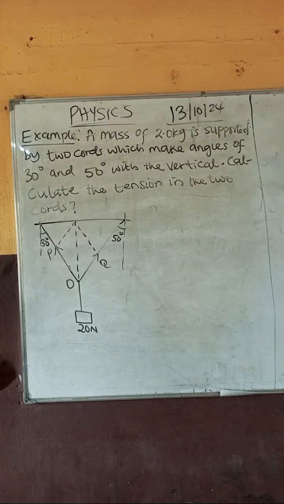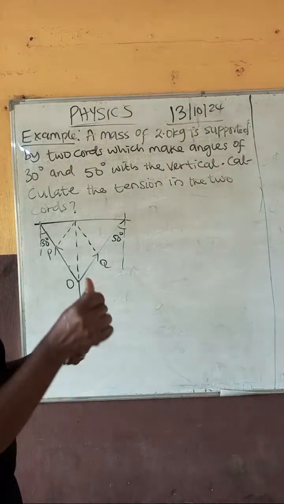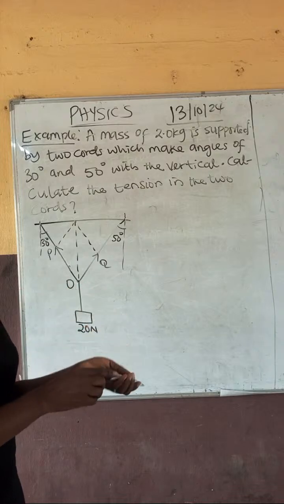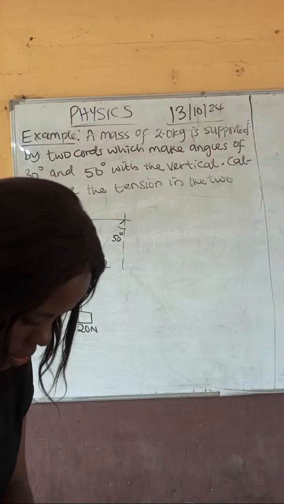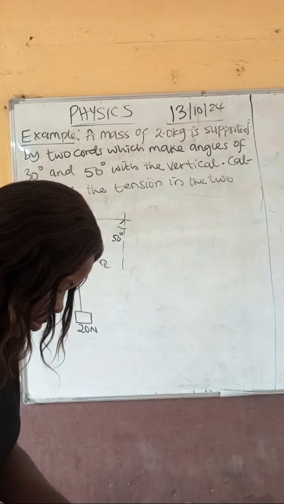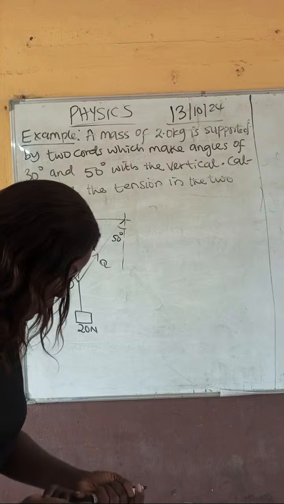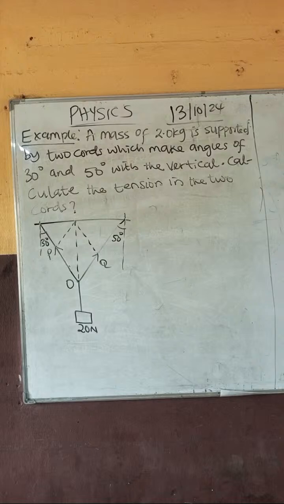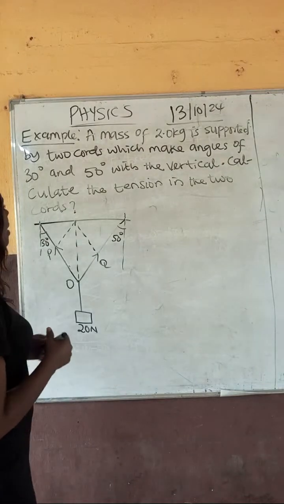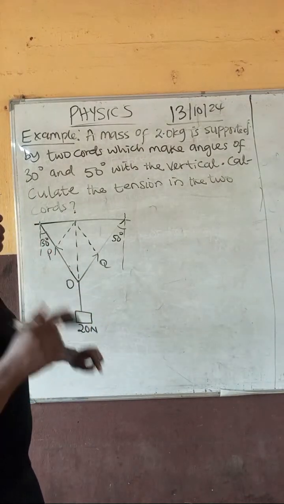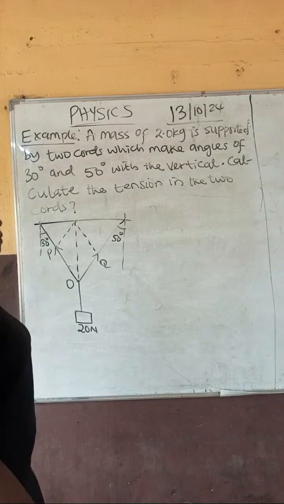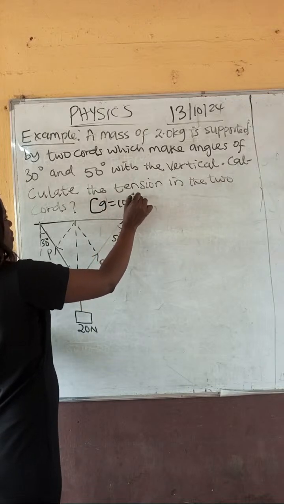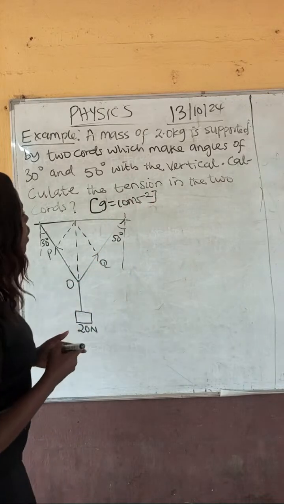Okay, so let's look at this and see how we can solve it. All right, let's go to this example. A mass of 2.0 kilogram, right? Let me include g. g is equal to 10 meters per second squared.